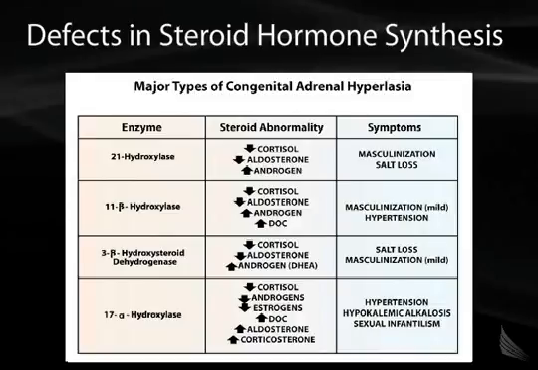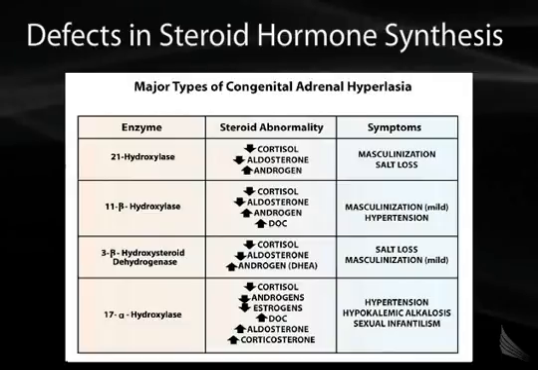If this happens in a female infant, the manifestation would be salt wasting and masculinization. In fact, 21-hydroxylase is the most common cause of female ambiguous genitalia. So that's probably a commonly tested question just based on its common occurrence.